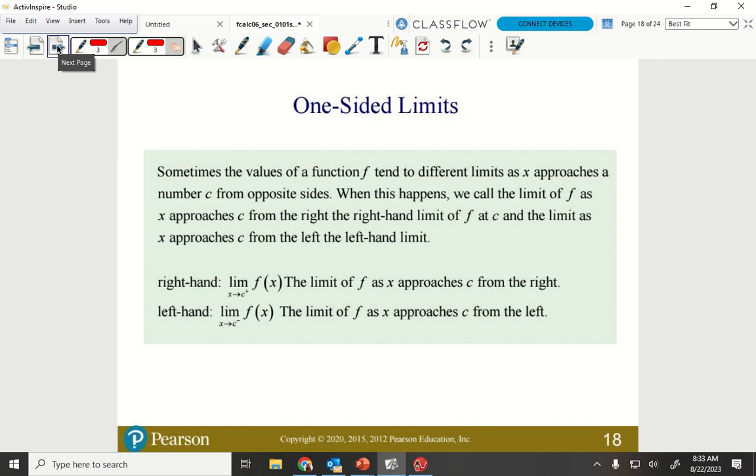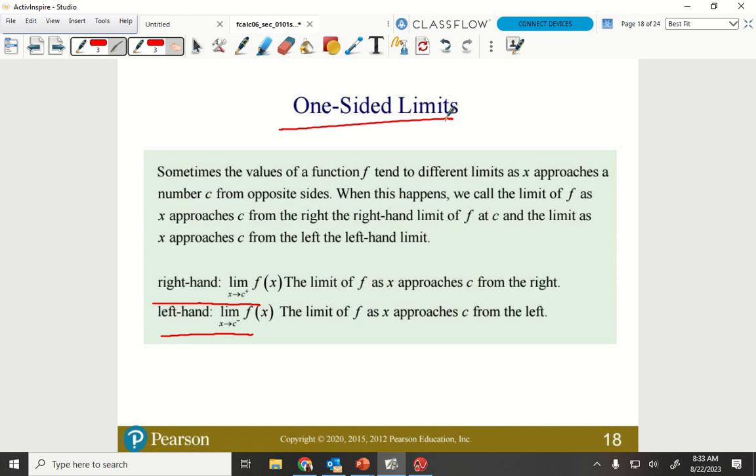Now we're going to talk about one-sided limits. So now, if you see right-handed limit as x approaches c from the plus side, that means it's only going to exist on the right-hand side. Left-handed limit is approaching it from the left-hand side. It's approaching the number. So this one right here does not have to be left side and right side. That's why it's referred to as one-sided limits.